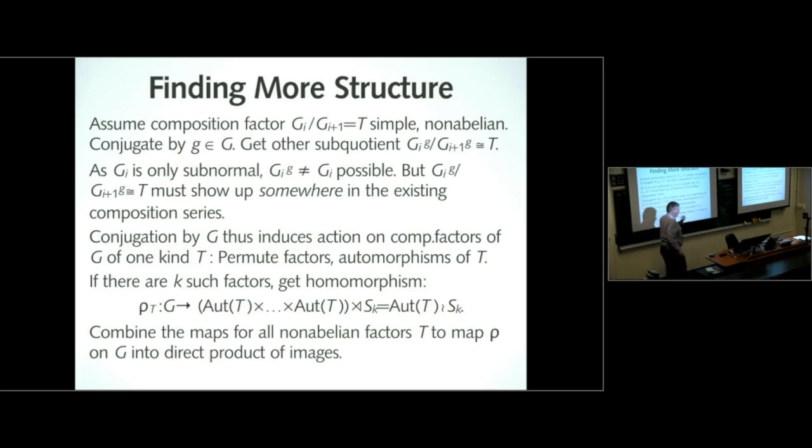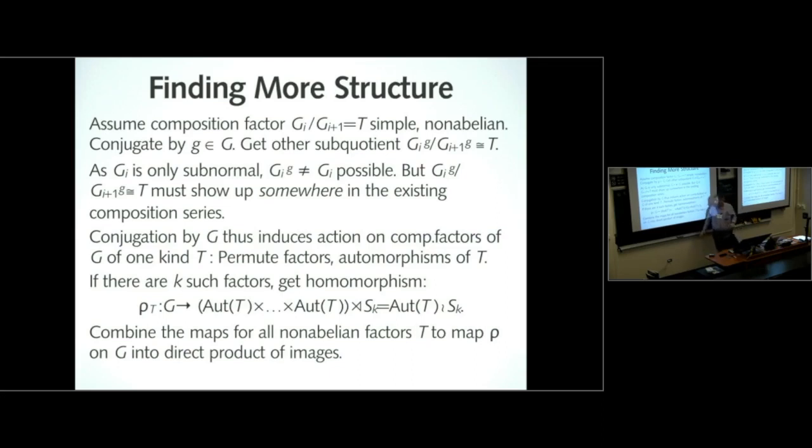Well, what we can do is, if we have a composition tree, we can act on the simple composition factors. And that's a little bit subtle how to write down this action, but basically what one can do from the composition tree is build a homomorphism where composition factors get permuted and probably some automorphism action on each composition factor.